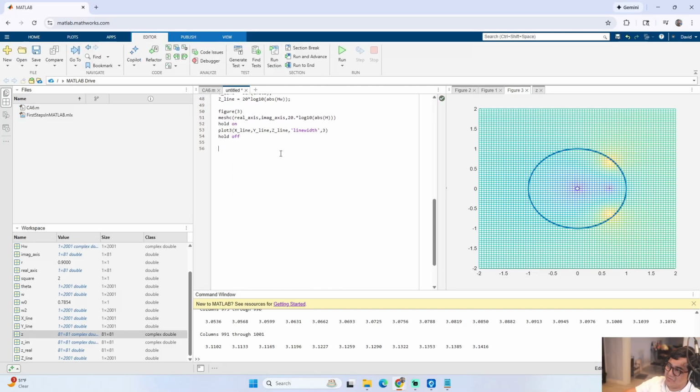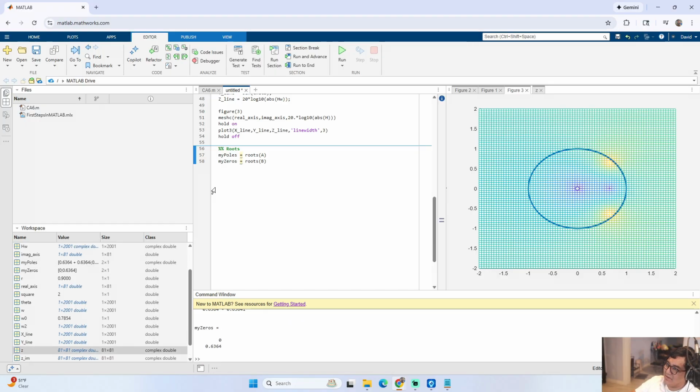I wanted to show you some roots. And then I already have things already done. My poles and my zeros, I'm just calling this. And if you wanted to make this a lot fancier, because we're engineers and we like making things pretty. Display. My zeros are at, what did I say? %d and %d.